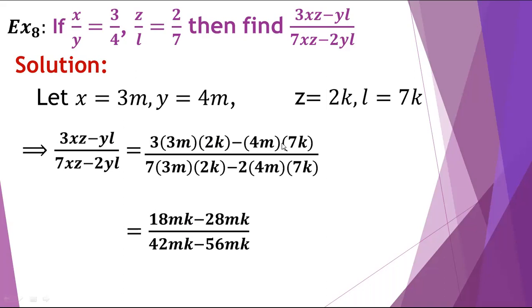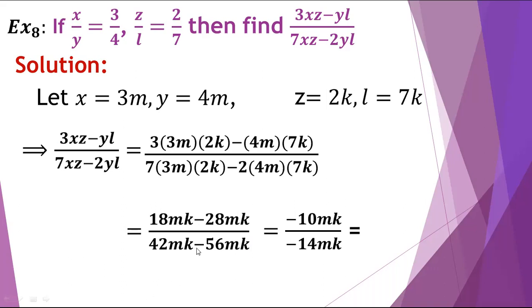Minus 4m times 7k equals 28mk, over 7 times 3 equals 21. 21m times 2k equals 42mk, minus 2 times 4 equals 8m and 8m times 7k equals 56mk. 18mk minus 28mk, like terms, we can find the difference between them. It's going to be negative 10mk.